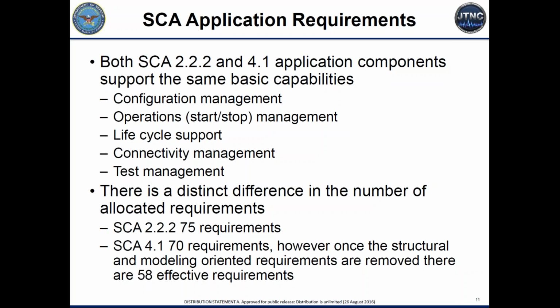And back to the requirements count in 4.1, while it has 70 nominal requirements, it really turns out to be about 58 requirements, because there are some structural elements or items that no longer need to be viewed as requirements, or there are structural requirements that don't explicitly need to be implemented as part of a 4.1 product.